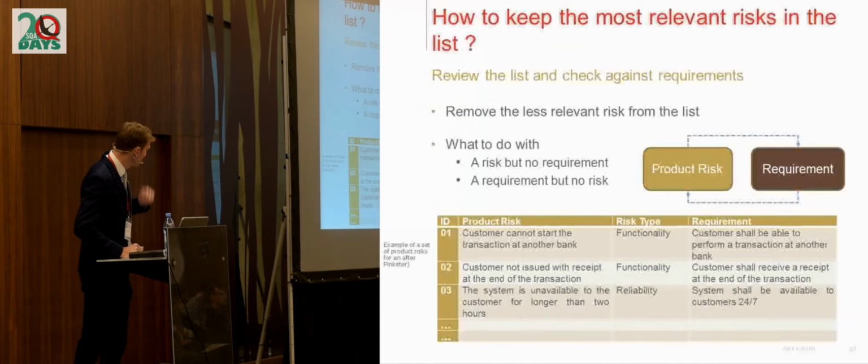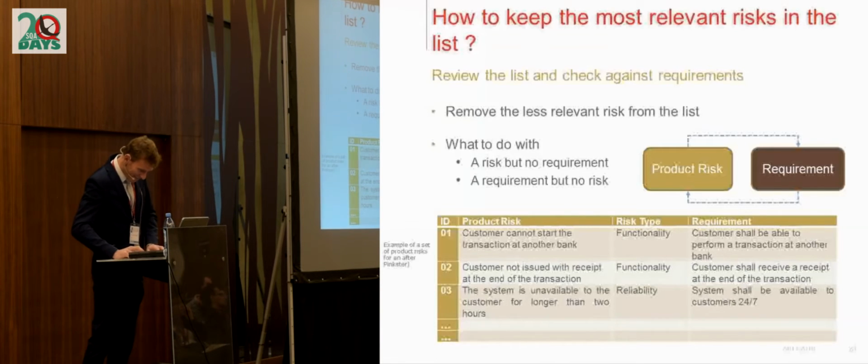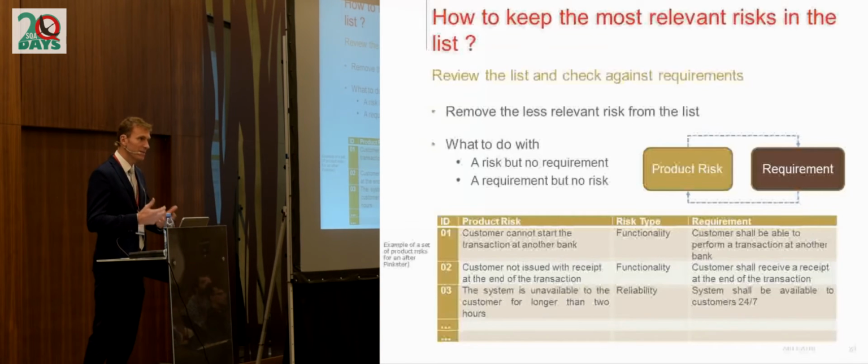We've got here a basic example regarding the ATM, which is always a good study case. If we take, for example, the third line, the system is unavailable to the customer for longer than 2 hours, so that's a risk. And this risk is not detailed enough to be considered as a requirement, so we will create one or more requirements corresponding to this risk.